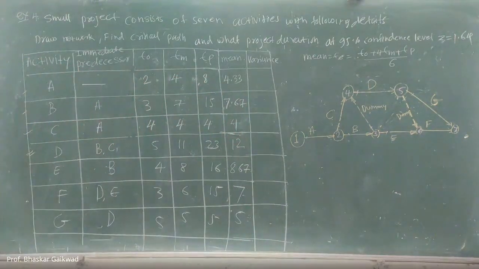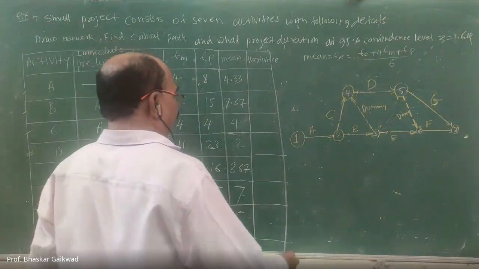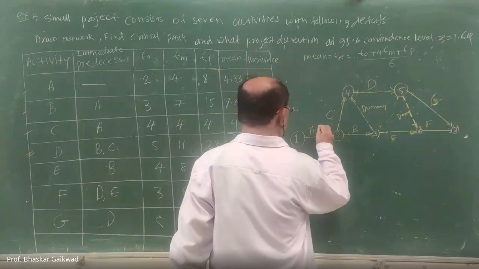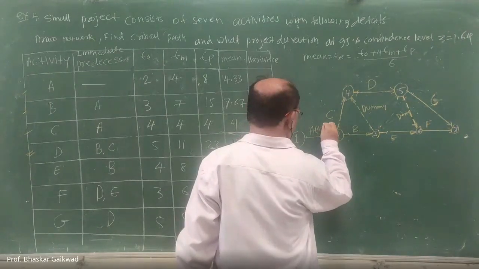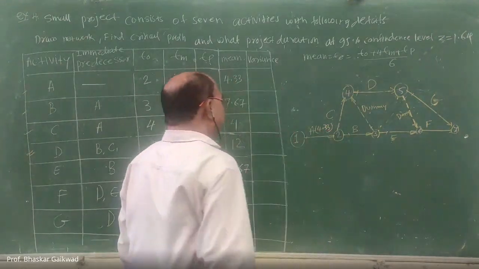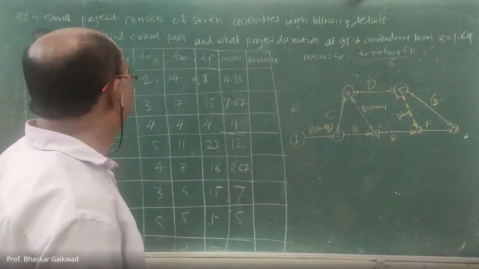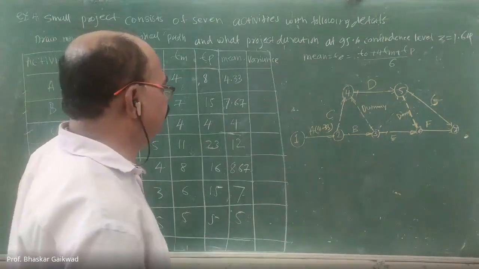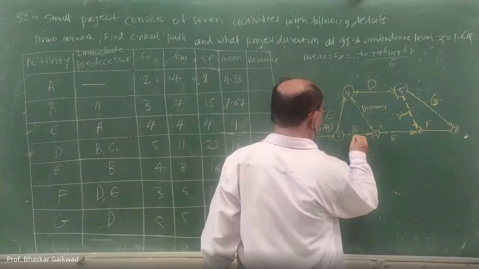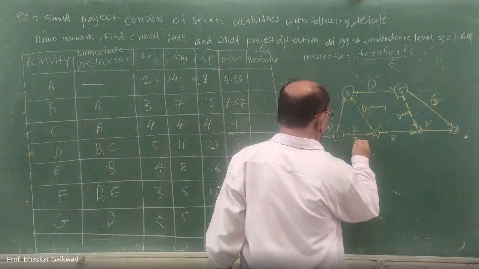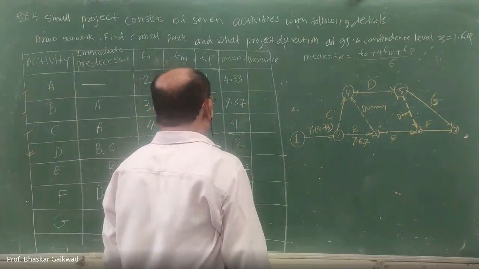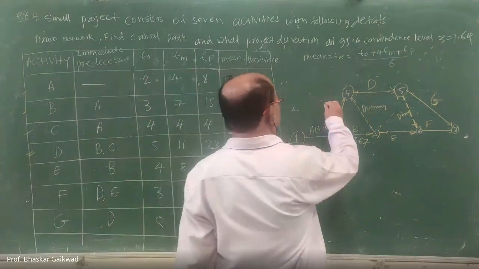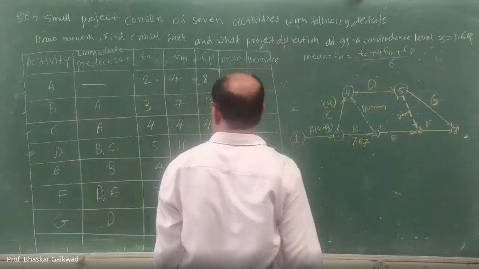Now these mean durations you have to write in brackets in each activity. For A, what is here? A, 4.33. Then B activity is 7.67. Then C activity 4.